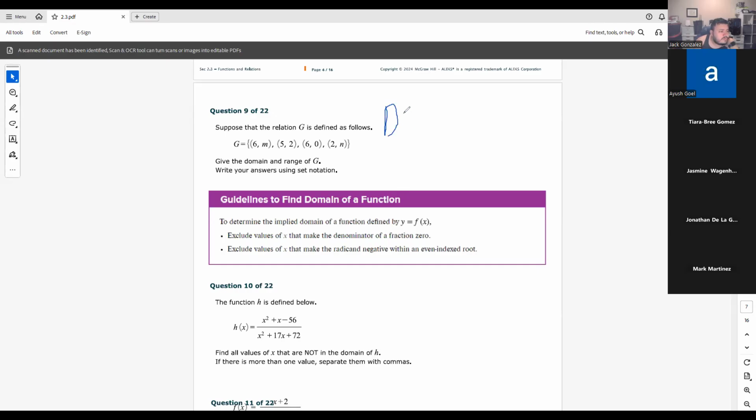I'm just going to write D as a set, squiggly bracket. What are all the input values? Yeah, all the x values. That would be your answer.